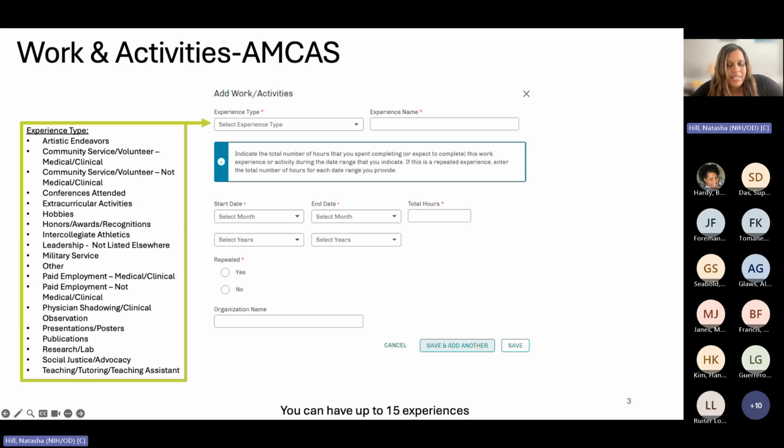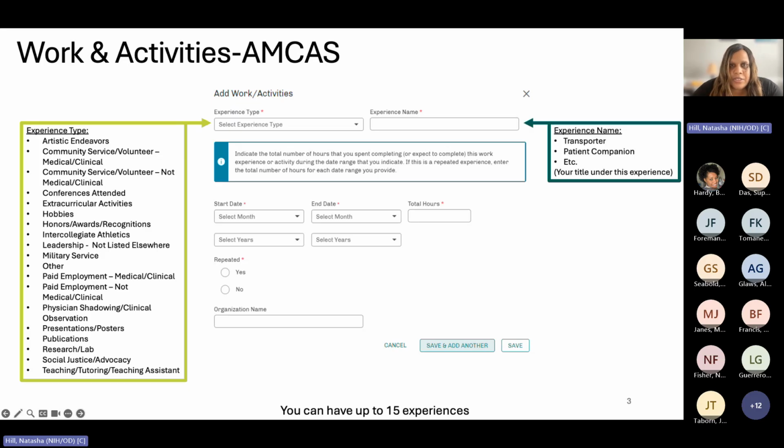You see there a list of all the activities that you can select from, going from artistic endeavors to clinical and non-clinical volunteering, to hobbies, physician shadowing, research, and teaching and tutoring. Based upon the experience that you're going to be filling in, please select the most appropriate experience type.